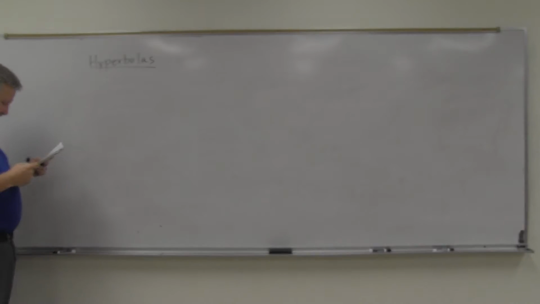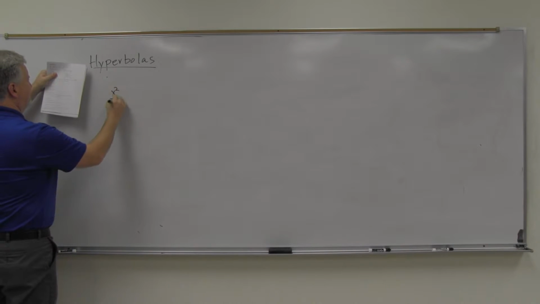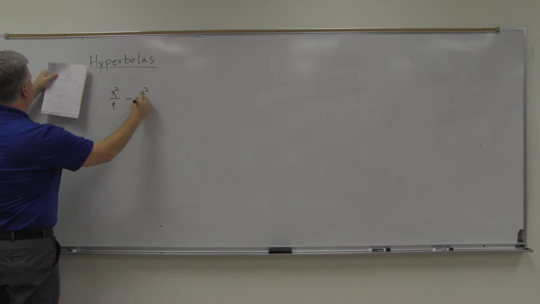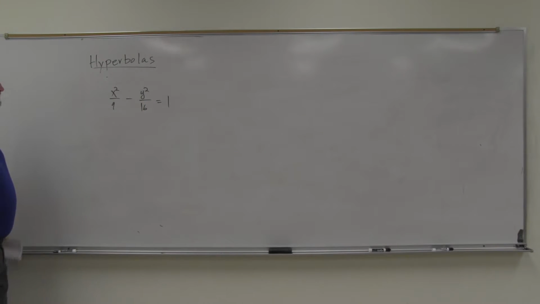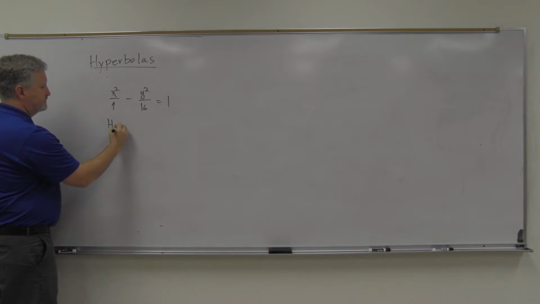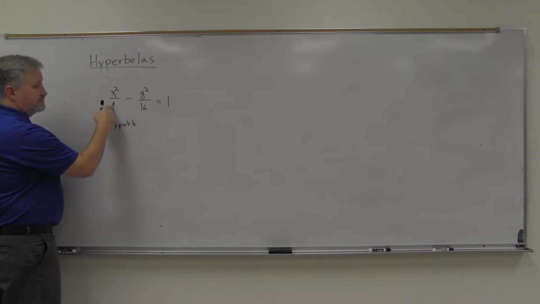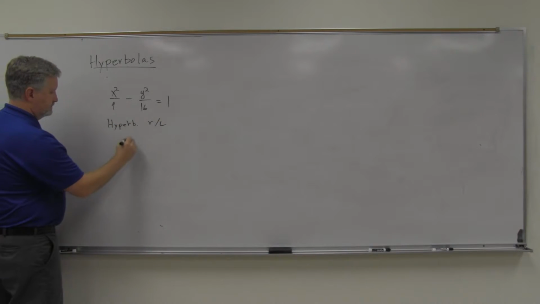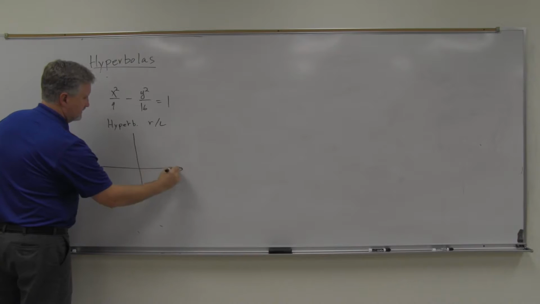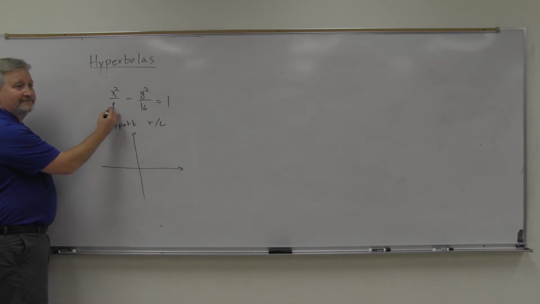But anyway, all right. Okay, so x squared over 9 minus y squared over 16 equals 1. So yeah, that's a hyperbola. The x squared is first, so it's right and left. So how far on the x do we go? Square root of 9, 3.